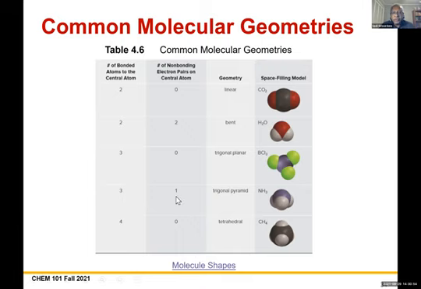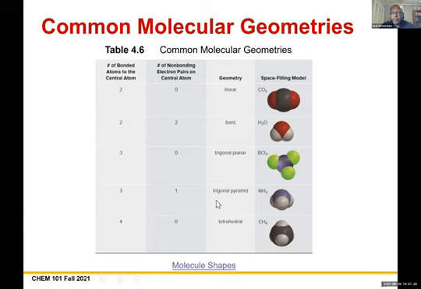Three bonding electron pairs and one non-bonding pair of electrons, like we discussed in ammonia, is called trigonal pyramid. That's a pyramid here. In the methane molecule, we have four bonding electron pairs and no non-bonding electron pairs.